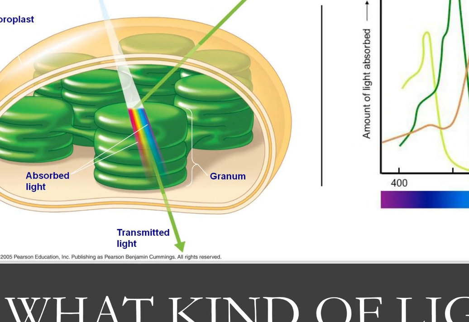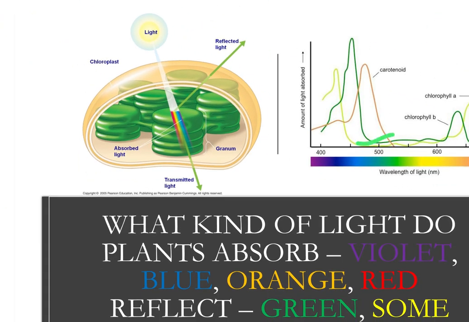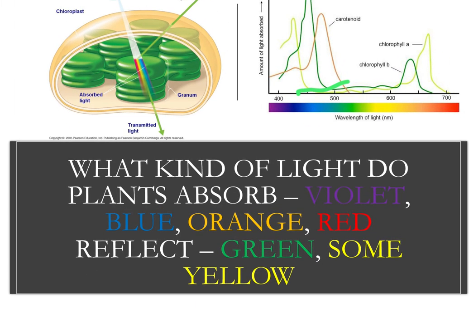Remember that in our chloroplast, in these little thylakoids, we have a special pigment called chlorophyll. So, what kind of light do plants absorb? Violet, blue, orange, and red. They reflect green and some yellow.